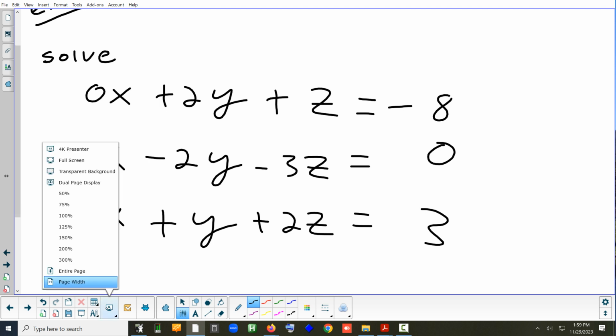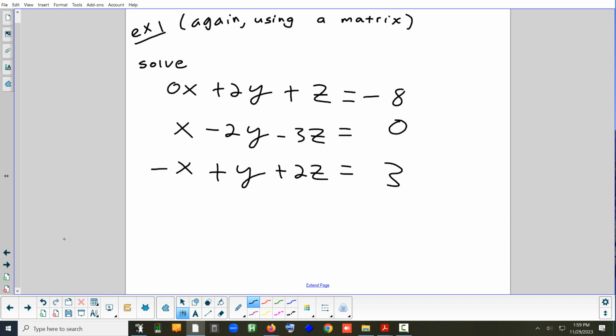Okay. So we're going to start writing it as a matrix. So we're going to have 0, 2, 1, -8. 1, -2, -3, 0. -1, 1, 2, 3. There is a lot of copying.